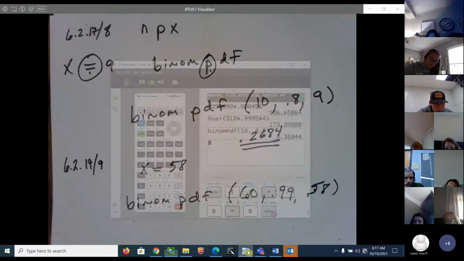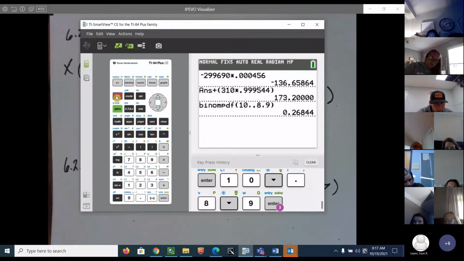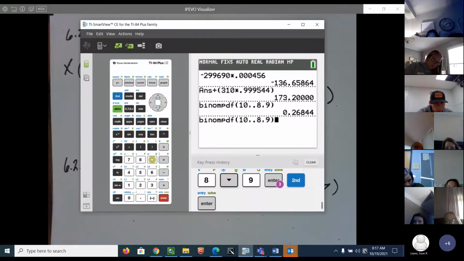So second, enter, and we're going to do 60, .99. We'll have to put an insert in.